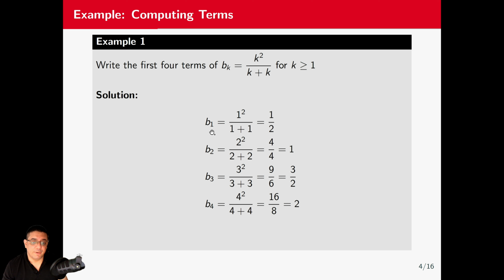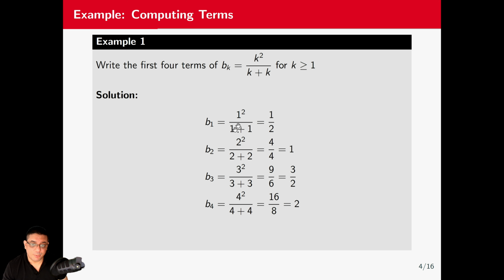For example, if I do b1, my index is 1, my k is 1, so I replace that here and it becomes 1 squared over 1 plus 1, so it becomes 1/2. If I do b2, that's 2 squared over 2 plus 2, which is 4 over 4, which equals 1. b3 is 3 squared over 3 plus 3, which is 9 over 6, which simplifies to 3/2.